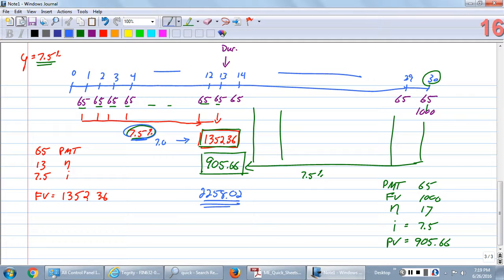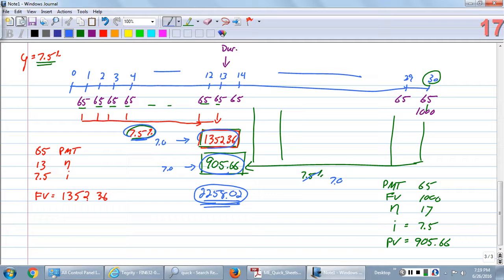However, if you discount these cash flows to solve for the bond at 7%, that is, if we discount the cash flows at 7 instead of 7.5, it's not going to be 905, it's going to be higher, because when interest rates go down, value goes up. All right? So if rates go down, we know this number is going to be less, this number is going to be more, but it's still going to add up to 2258.